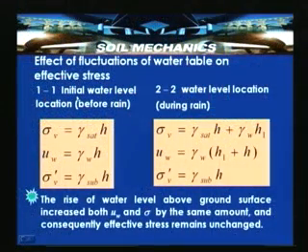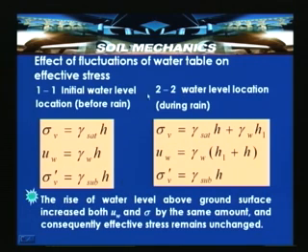If you look into it, the effect of fluctuations of water table on effective stress, we are discussing at level 1, that is the initial water table at the ground surface. So, before rain, sigma V is equal to gamma sat H and UW is equal to gamma W H. So, sigma V dash is equal to gamma sub H or gamma dash H, which is the effective stress before rain.